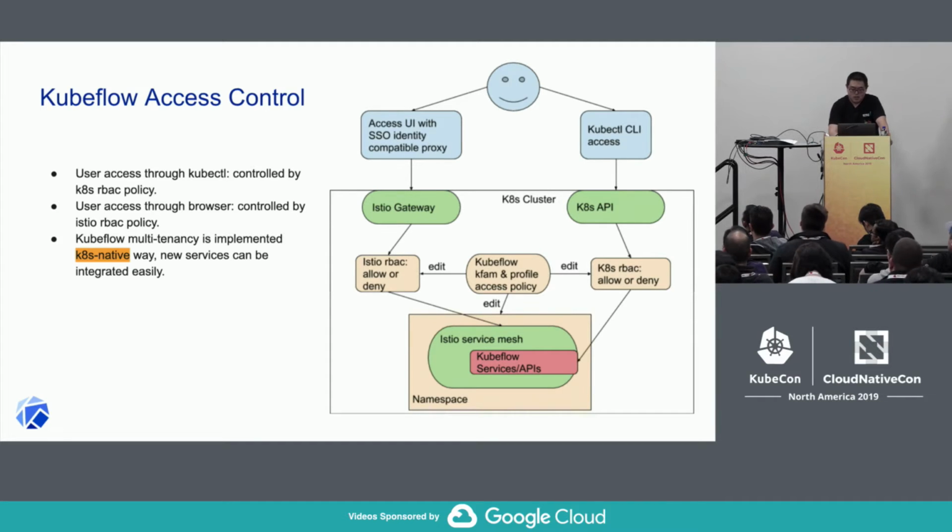For the request going through the browsers, the access is controlled by Istio RBAC, while the request going through the Kubernetes proxy directly is controlled by the Kubernetes RBAC.